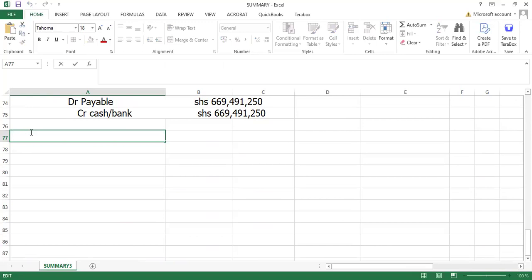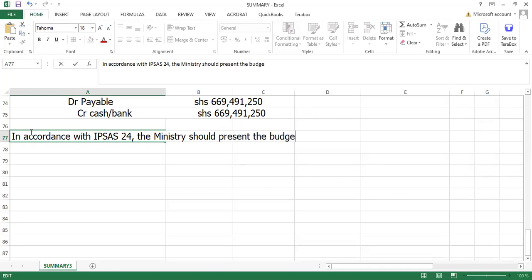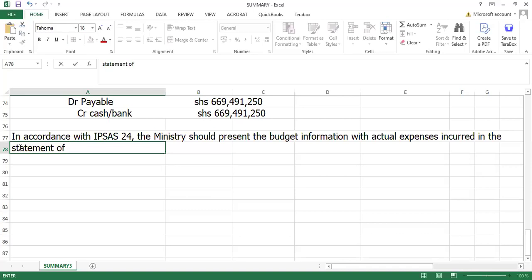So we can say that in accordance with IPSAS 24, this entity, let me just say the ministry, should present the budget information with actual expenses incurred in the statement of budget performance.